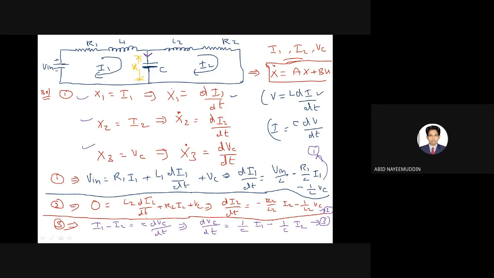If you represent the equations in terms of state variables, the first equation gives x1 dot is equal to minus R1 by L1 into x1 minus 1 by L1 into x3 plus 1 by L into input u, equation 4.